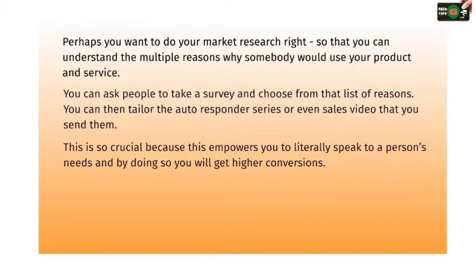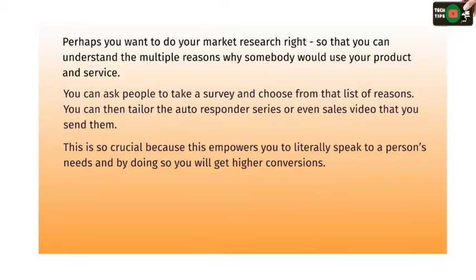So in other words, what I'm talking about here is, let's say you take an initial survey and you find out there are 3 main reasons why somebody buys your product and service. So you take those 3 main reasons, you create a different survey or a quiz, whatever, and you have them go through it. And if they choose one of those 3 reasons, then you send them to a different location. Does that make sense?